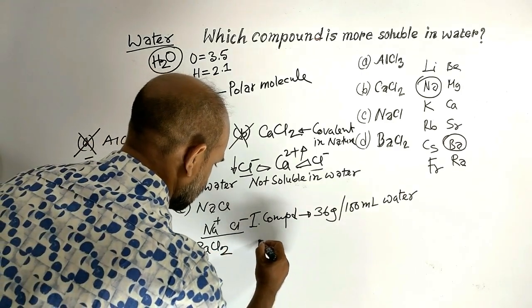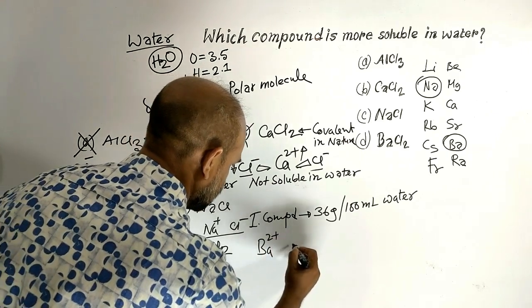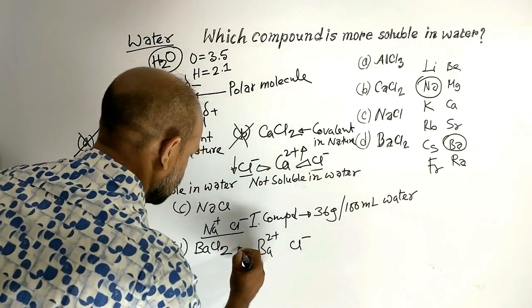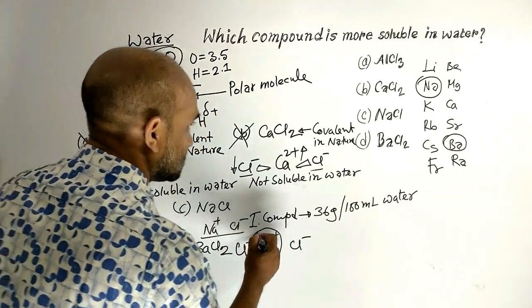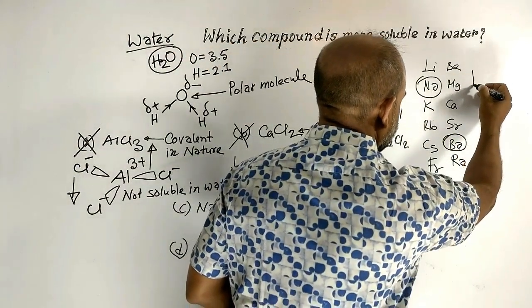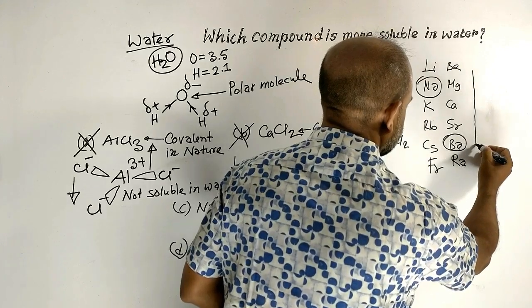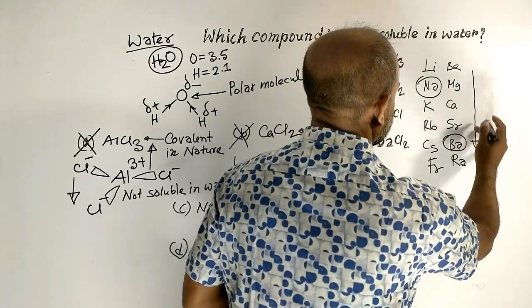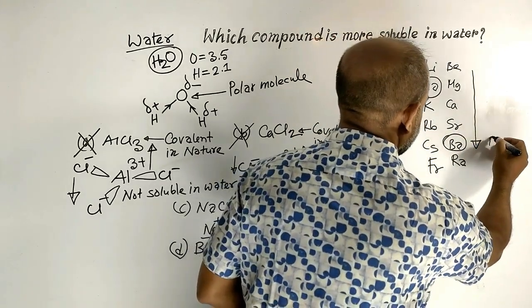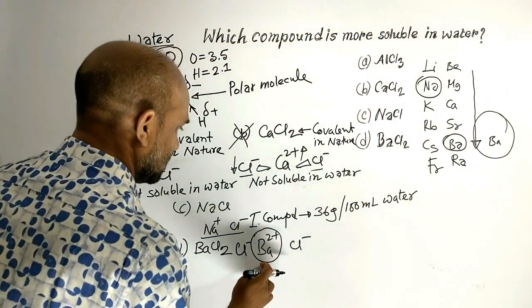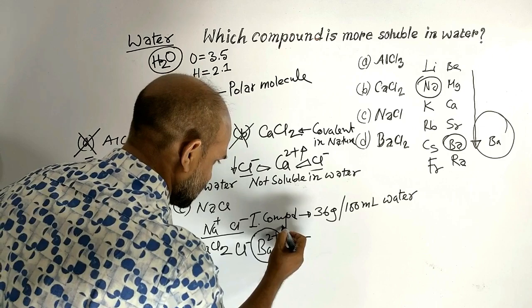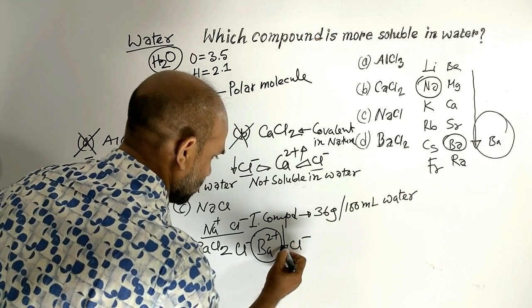Barium chloride: barium 2 plus, chloride ion, here chloride ion, barium 2 plus. Barium is bigger in size. We know atomic size increases down a group, so barium is bigger in size. As it is bigger in size, its positive charge density is very low.